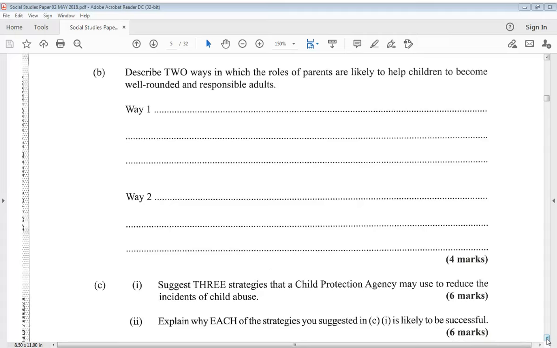Another way that parents can help their children to become well rounded adults is that they can teach their children different values, morals, skills, norms, and disciplines, so that they learn how to become respectful to others because they are taught from home.